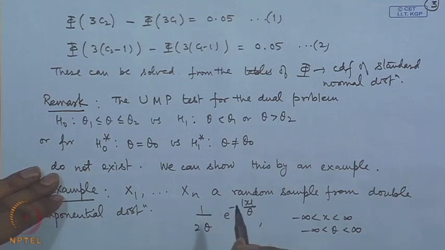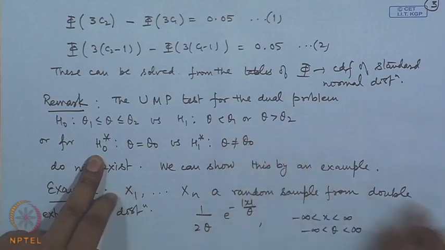I had demonstrated the UMP test for the one sided testing problem, that is, for theta less than or equal to theta naught against theta greater than theta naught. Now, here I will show that if I consider this type of hypothesis, then the UMP test does not exist.